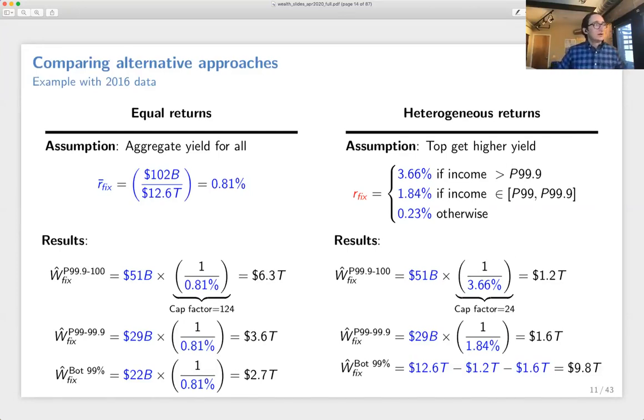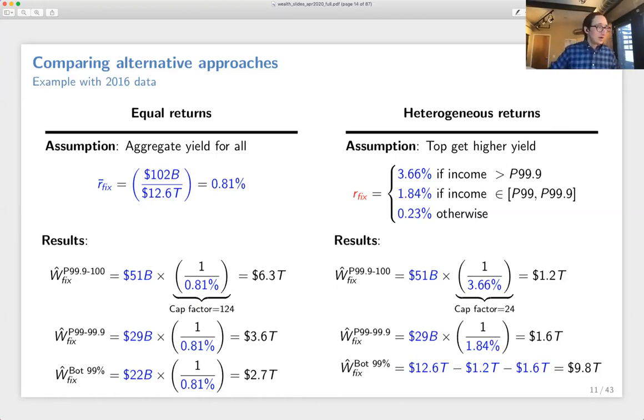On the right, here I plug in the rates for those different capital market rates. 3.66% for the AAA yield, 1.84% for the US Treasury 10-year, and then 23 basis points is going to be the residual implied. The cap factor at the very top is going to be 24 instead of 124. So that same $51 billion in our model is going to correspond to $1.2 trillion of wealth, $5 trillion difference, which is several percentage points of total wealth.